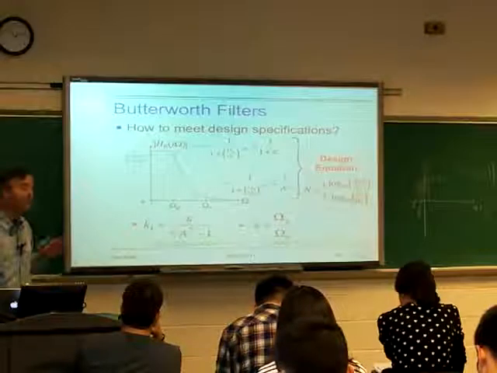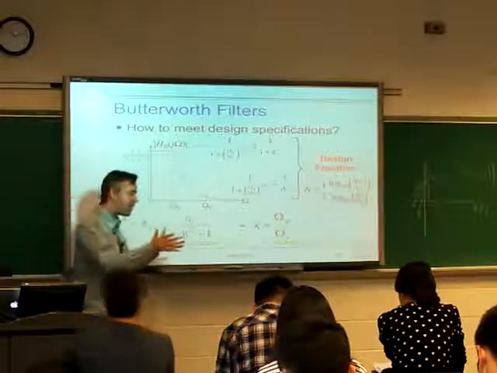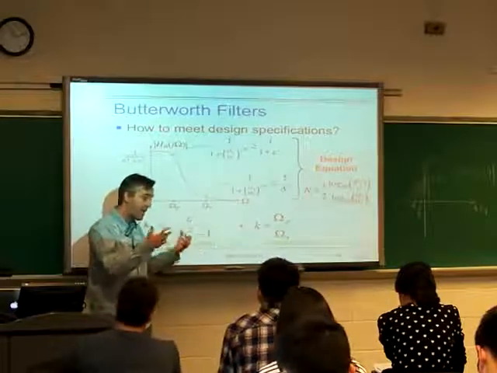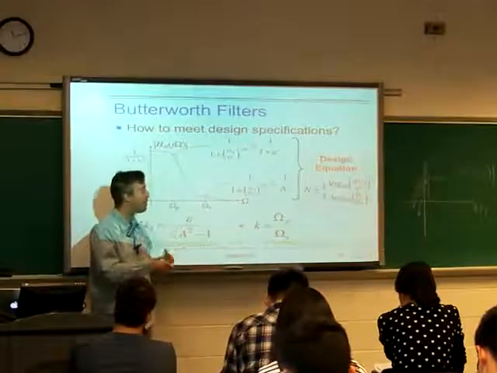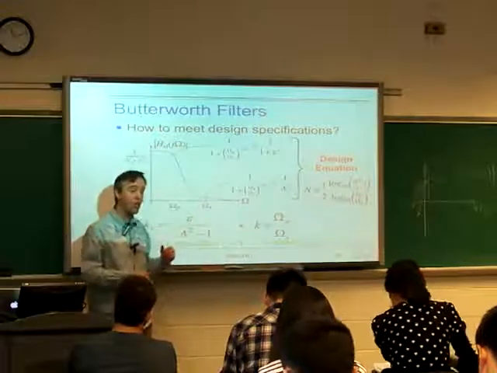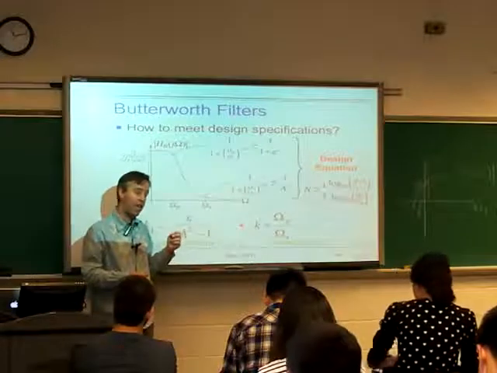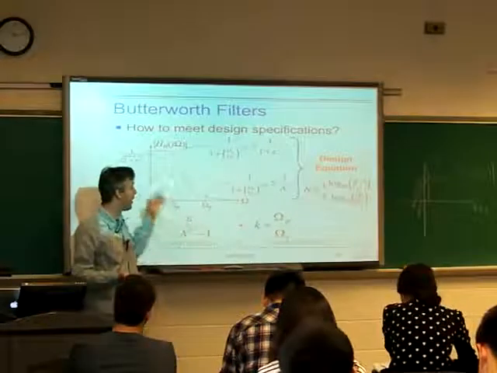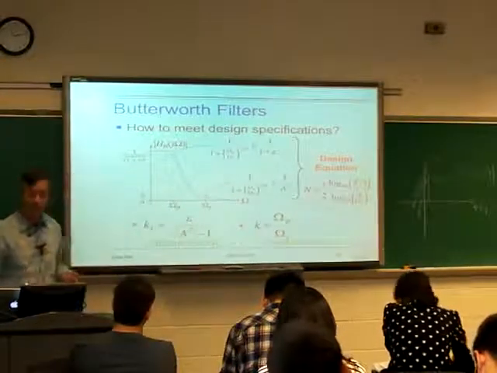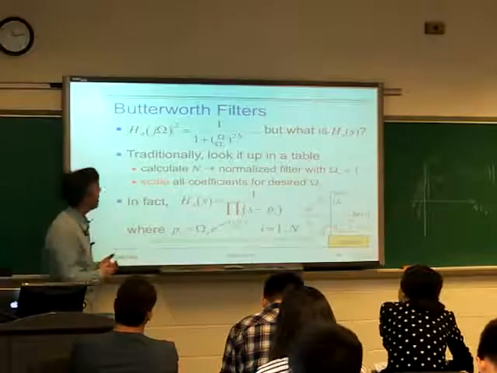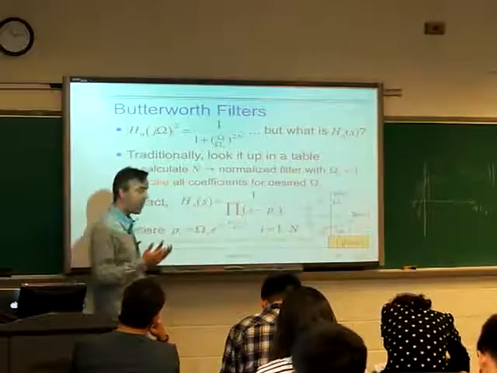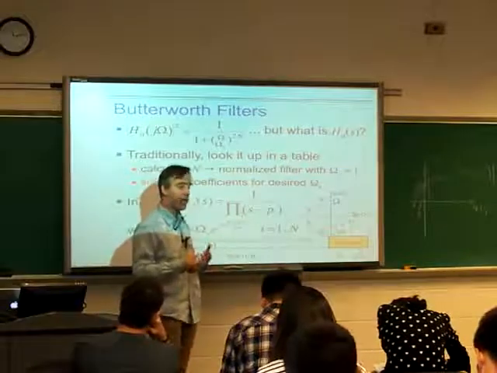Okay. All right, so we've defined the Butterworth filter in terms of its magnitude response. We've shown how having that definition will allow us to design a system, using Butterworth, that meets some specifications. We haven't actually said what it is, so how do we actually get it? Traditionally, it's just something that you look up.